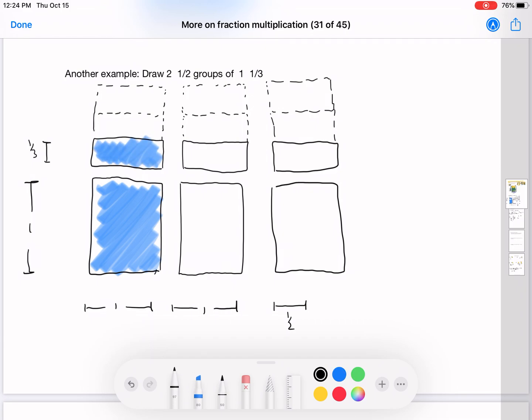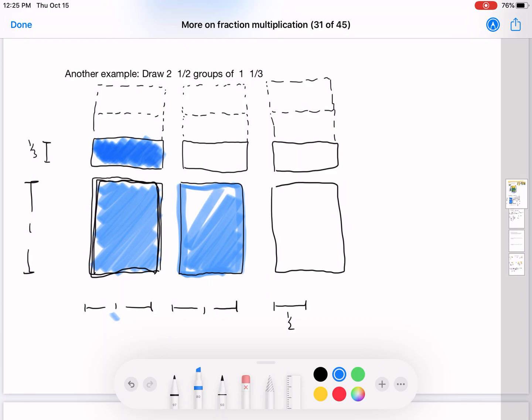So this first box represents one whole. You could think of 1 1/3 cups for the first batch, and then another 1 1/3 cups for the second batch. So that's one group, that's 2 groups, but I want 2.5 groups. So this last group I'm going to slice in half.